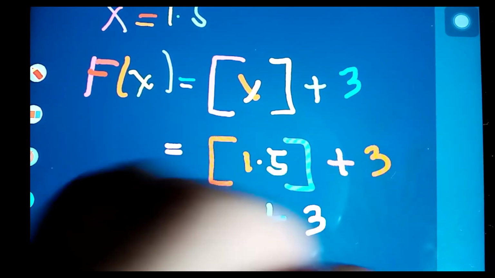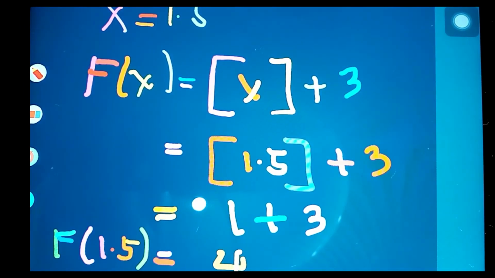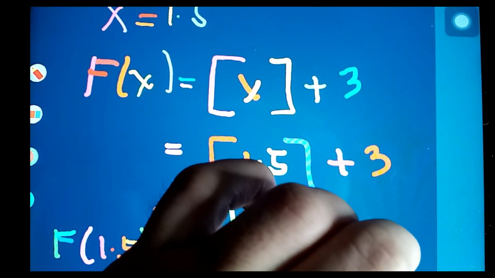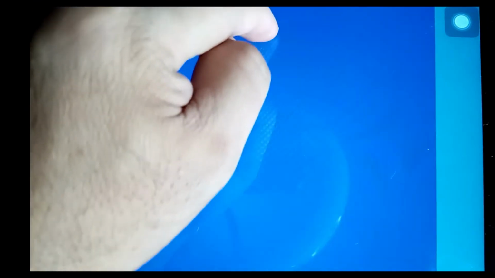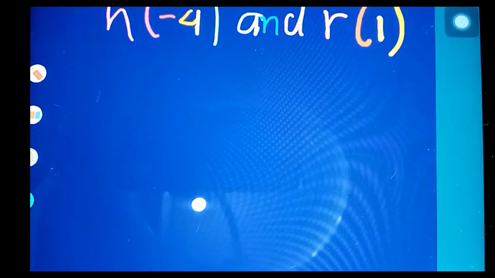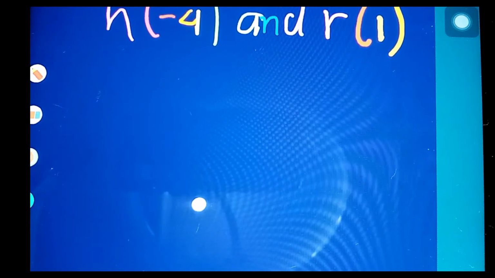Next example. Let's say we are going to find the value of h of -4 and the value of r of 1 with the given functions before.